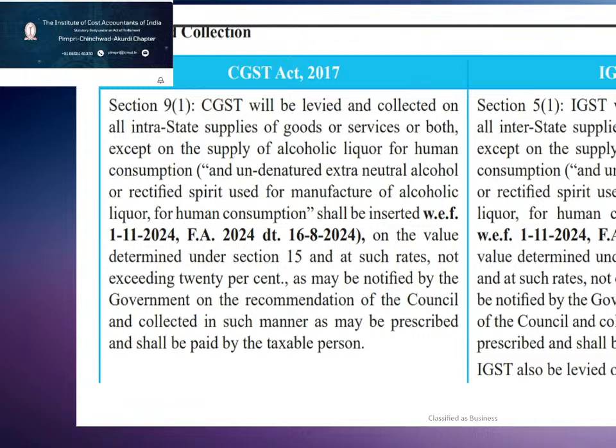Again, the registered person. So 5B, 5C, the section starts from 5. It is related to the services provided by the central or the state government and mostly related to immovable property.